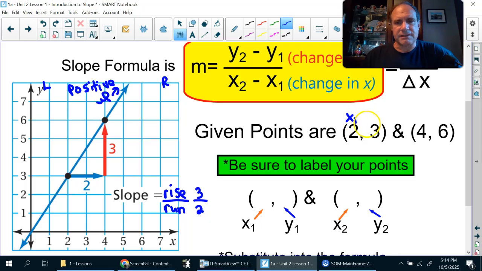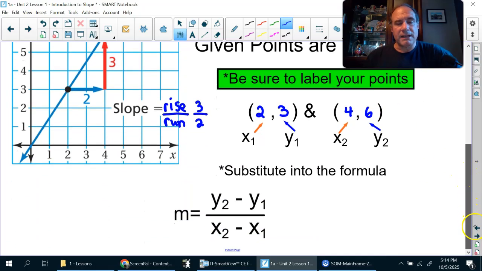That's the first x I see, so I put x1. 3 is a y value, the first y I see, so I put y1. 4 is the second x value I see, so I put x2. And 6 is the second y I see, so I put y2. So x1 is 2, y1 is 3, x2 is 4, and y2 is 6.